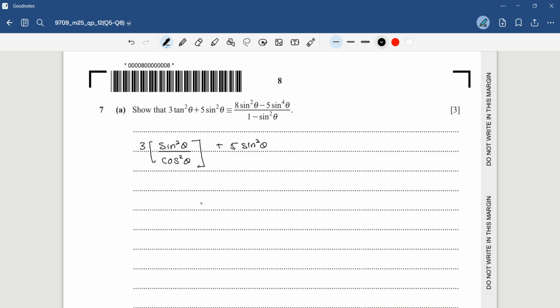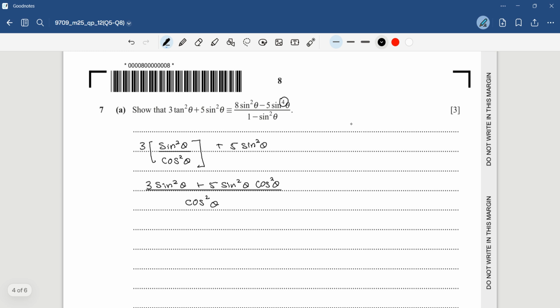Then I make the common denominator. Since here I got cos, and here I don't have anything, so it's going to be 3 sine square theta plus 5 sine square theta cos square theta over cos square theta. My next step, I have here sine power of 4, and I don't have anything in terms of cos, so I change all my cos into sine.